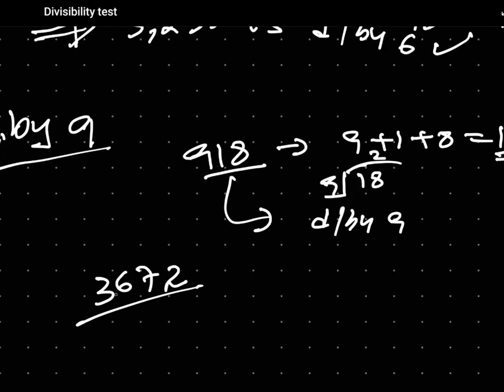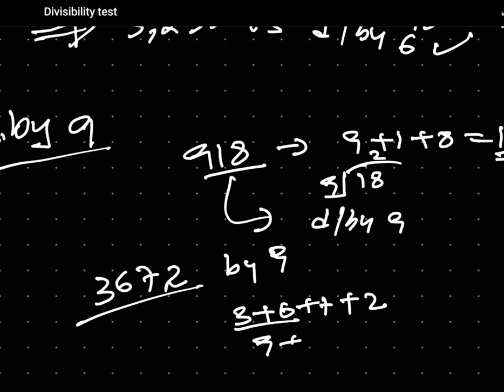How about this one? 3,672. Is 3,672 divisible by 9? Let's check it. Now how do we check it? 3 plus 6 plus 7 plus 2 is how much? This is 9 plus 7, 9 plus 7 is plus 2. 7 plus 2 is again 9.